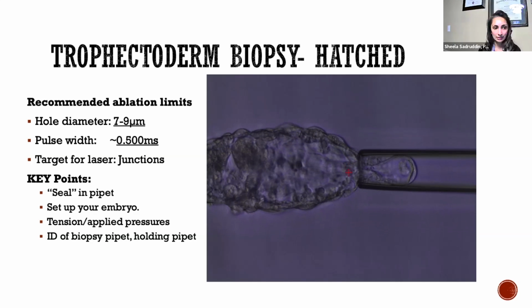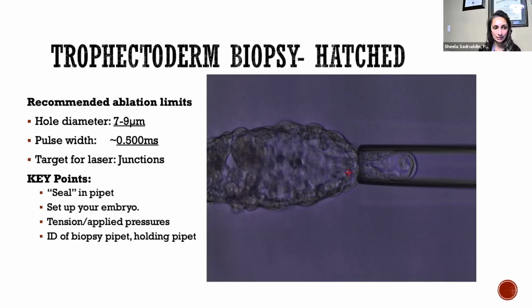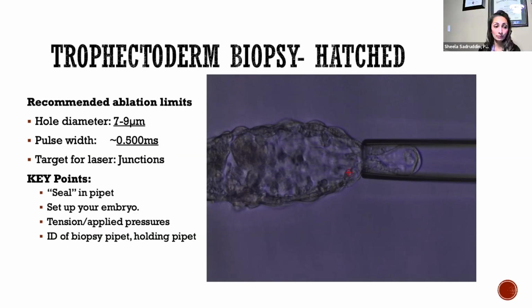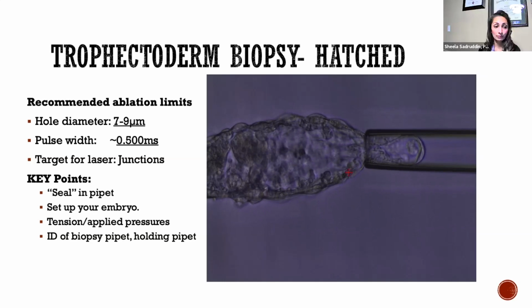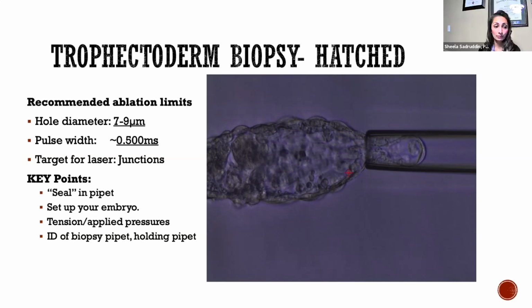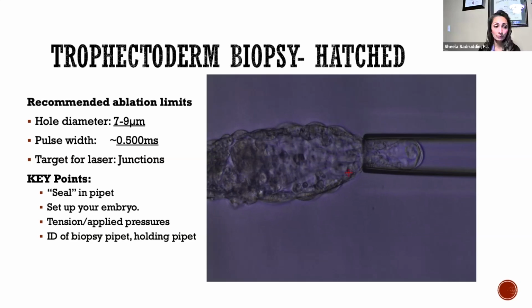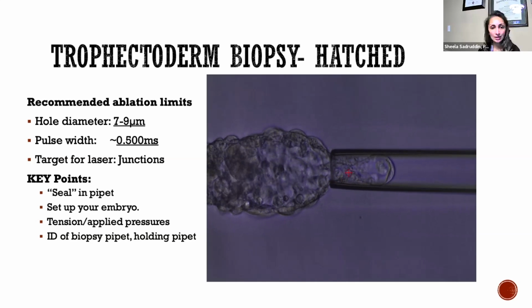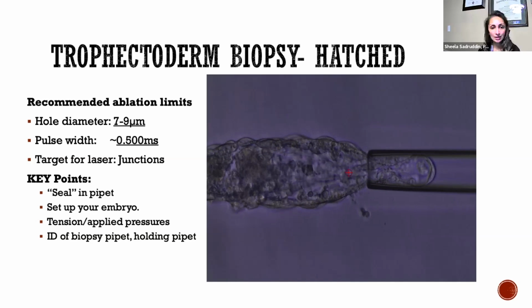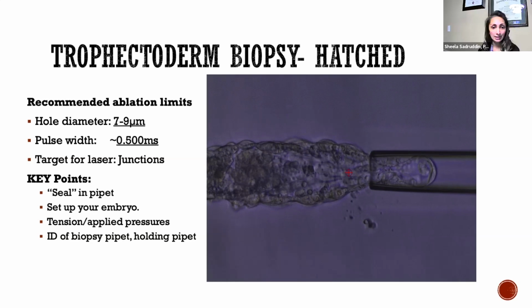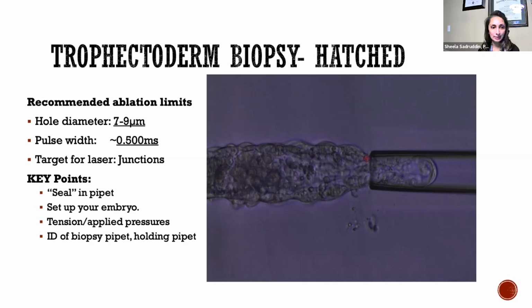So what I want to focus on and what I recommend is that the hole diameter is very important, and that you don't want to apply too large of a hole diameter from your laser, so that way you can limit the heat and the pulse width. So the hole size that I recommend generally is anywhere between 7 and 9 microns, with a pulse width of 0.5 milliseconds. Your target for the laser should always be between the cell junctions.